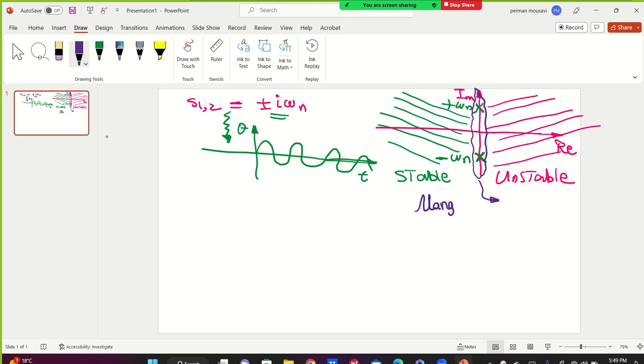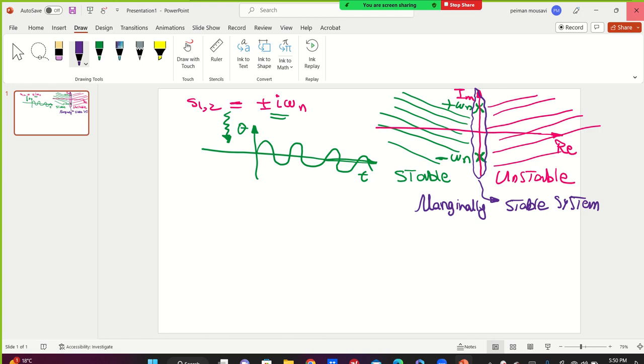So that's why we name it a marginally stable system. Marginally stable system. See what I'm saying? Good. This is a marginally stable system.